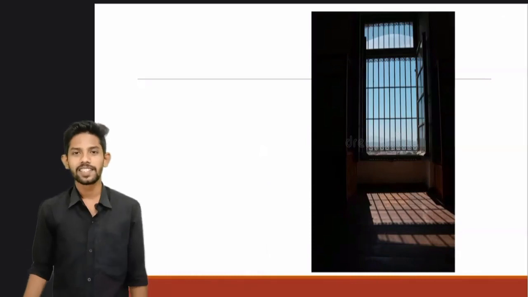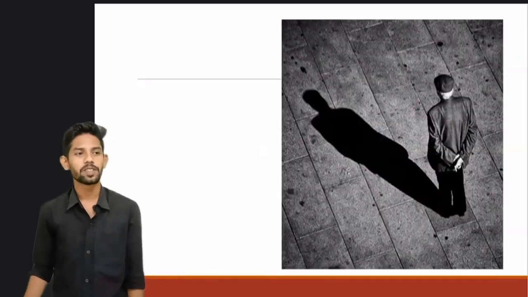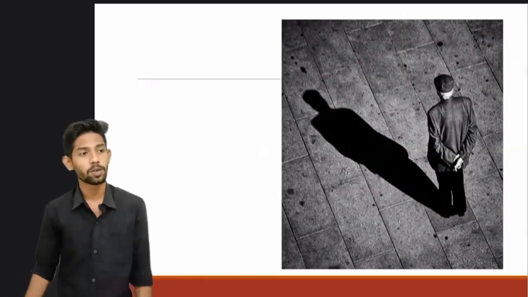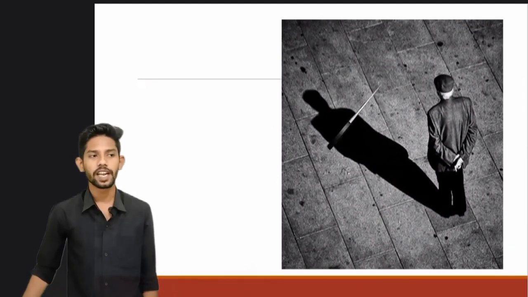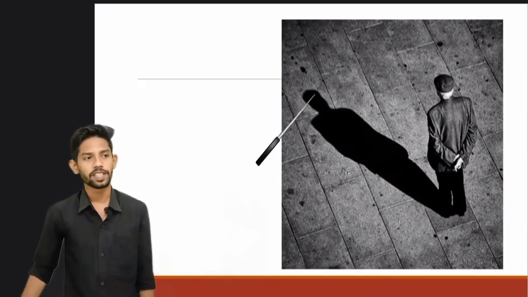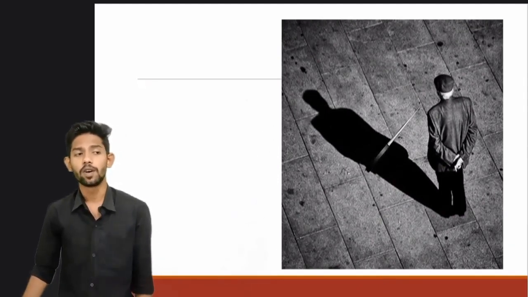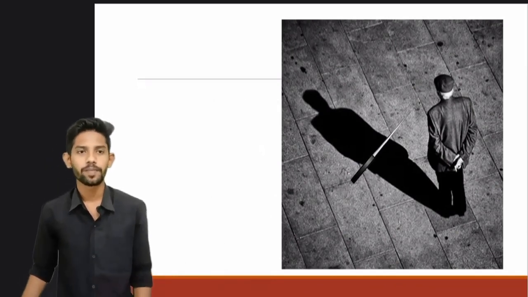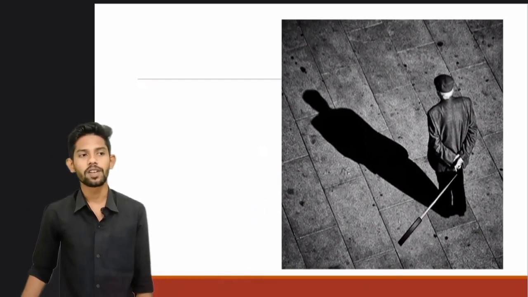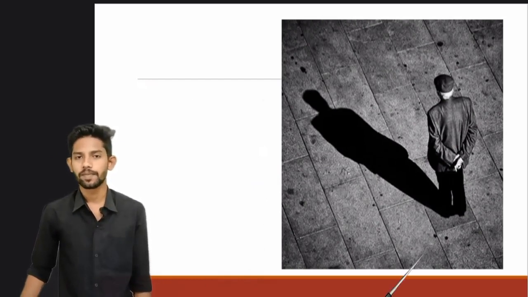We shall see the next example related to shadow, that is an old man standing. The old man is also nothing but an opaque object, and opaque objects create shadows. Right? You are looking at this shadow, and an opaque object creates exactly a shadow of the object's size.